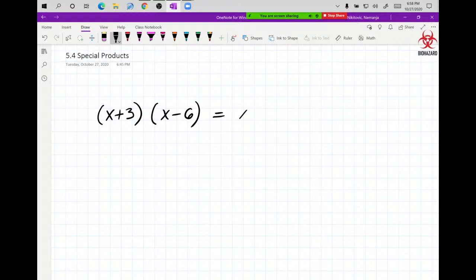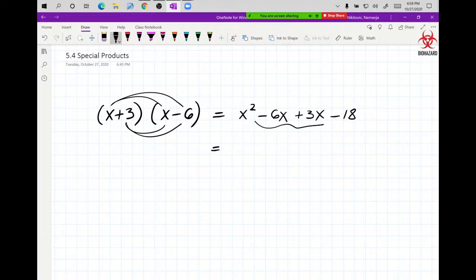So x times x is x squared, x times negative 6 is minus 6x, 3 times x is positive 3x, and then 3 times negative 6 is negative 18. Now we see that we can combine these middle terms here, get x squared minus 3x minus 18. So this is what we did in 5.3.